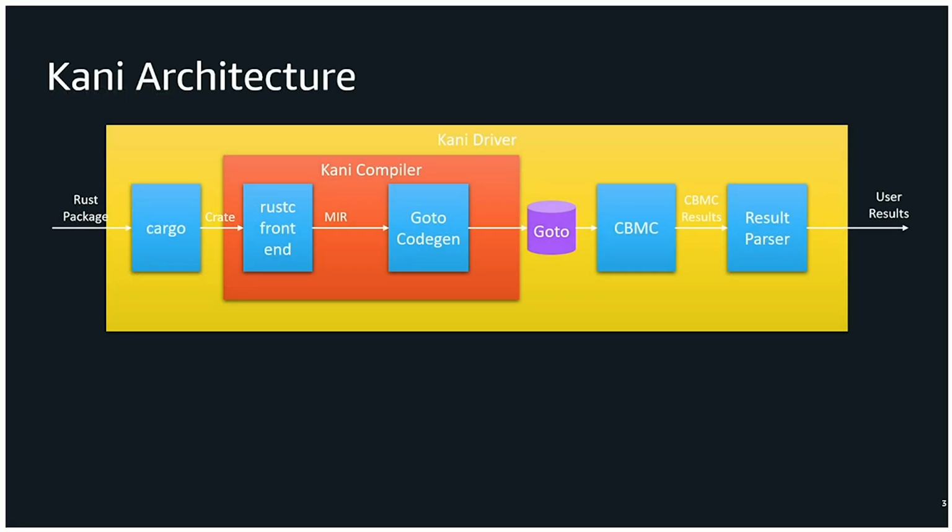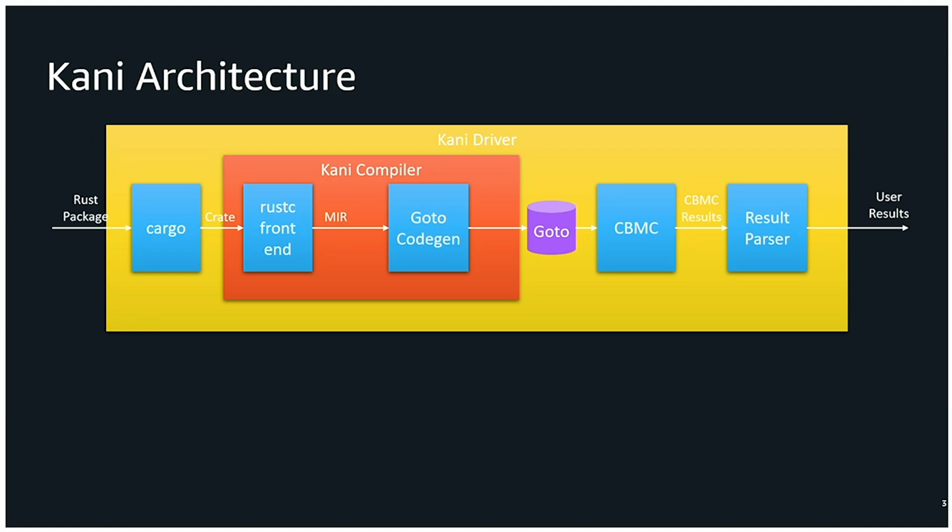So to recap, this is the Kani architecture that Rami touched upon earlier. Kani takes in a Rust package, and it has a cargo wrapper, similar to what Charon does, for example, which compiles the main crate and its dependencies through the Rust compiler front end, and it takes the MIR and translates it into this intermediate verification language called GOTO, which is the language of CBMC, and then it calls CBMC under the hood, and it does some post-processing of the results that we get from CBMC.